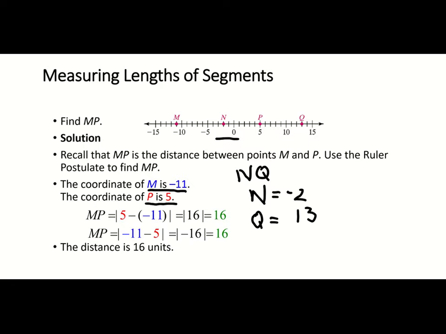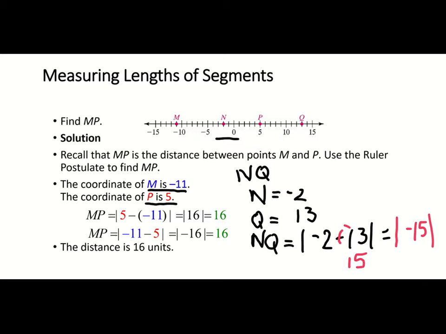So when I go to find the distance between N and Q, I am going to do the absolute value of the difference between the two. So I'm going to start with N, and I'll do -2 minus 13, which again, when we think subtracting with positives and negatives, we do keep, change, opposite. So really, I'm going to end up with -15. And the absolute value of that would be 15. So the distance between N and Q is 15 units.